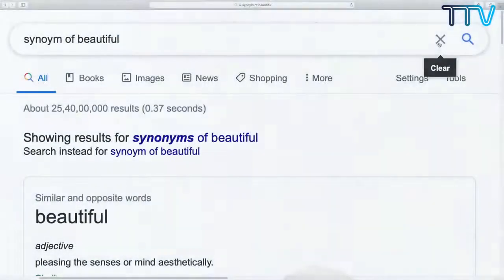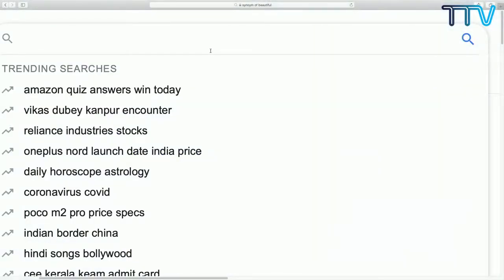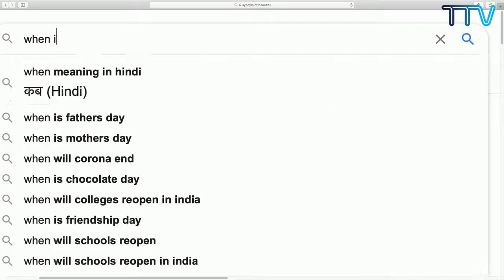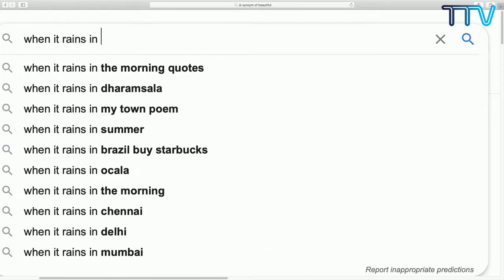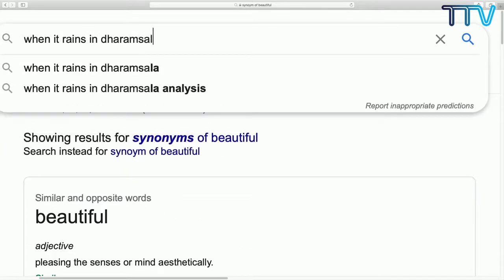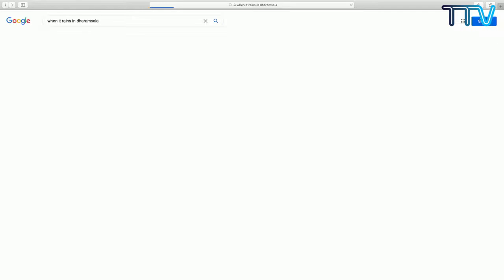This is a poem. He describes the rainfall in Dharamsala. So let us try to see. When it rains in Dharamsala.